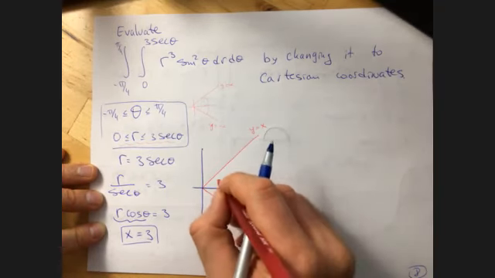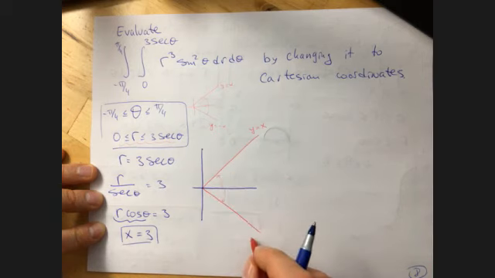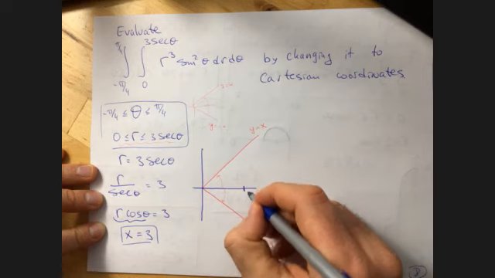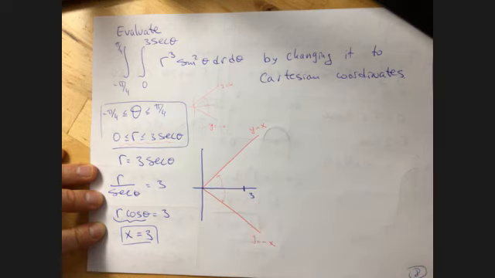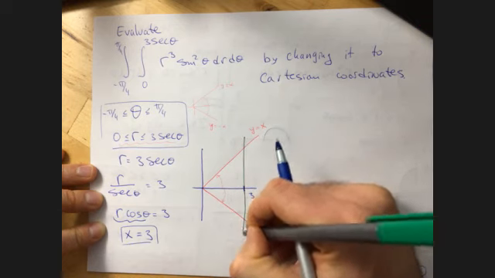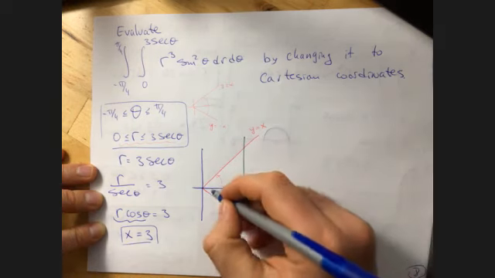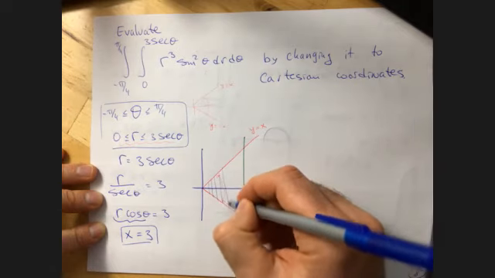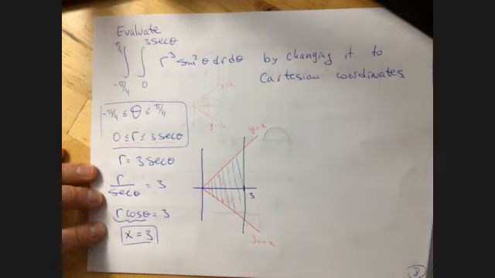Negative pi over 4 and pi over 4. And this line is y is equal to negative x. And finally here, x is equal to 3. Okay, so this here is the region over which we integrate.